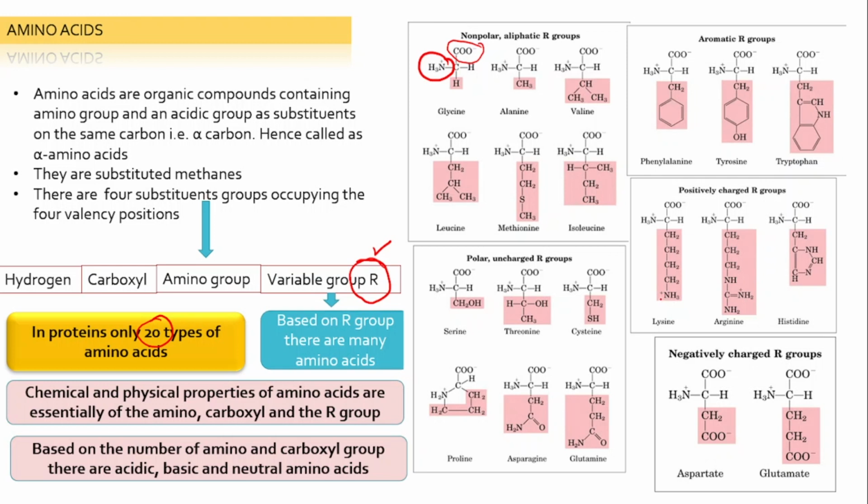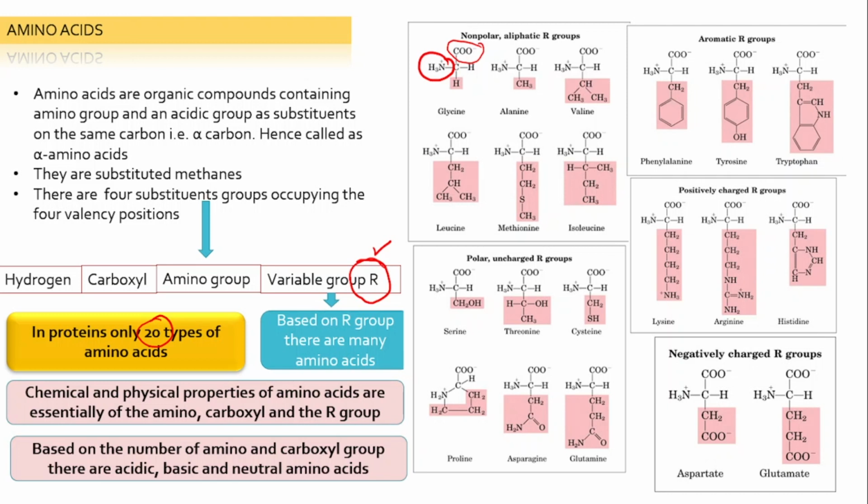The positive charge is on the R group and also on the amino group, remember that. And we have negatively charged R groups. Here we have more anions than cations. So non-polar aliphatic R groups, polar uncharged R groups, aromatic R groups, positively charged R groups, and negatively charged R groups all come under amino acids.